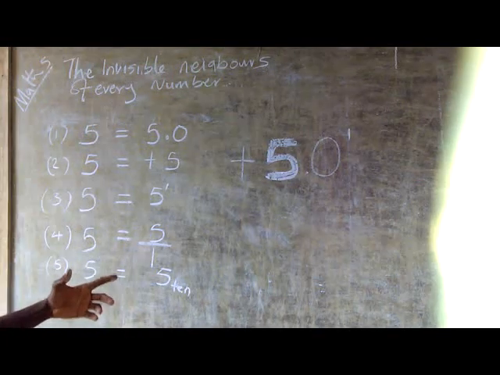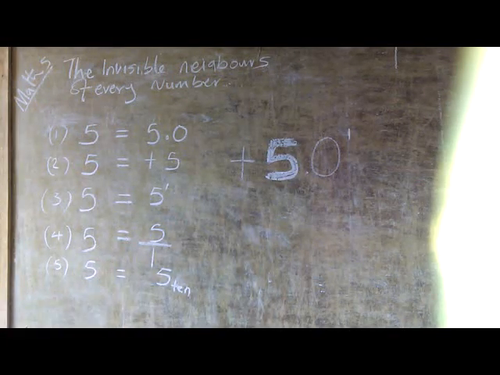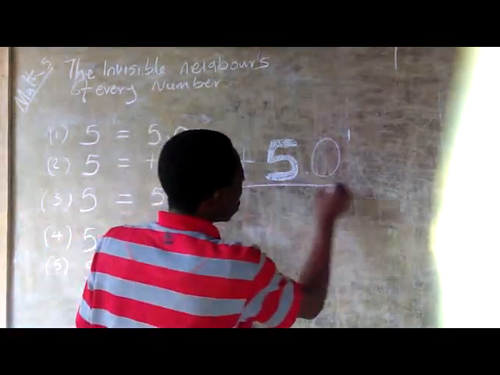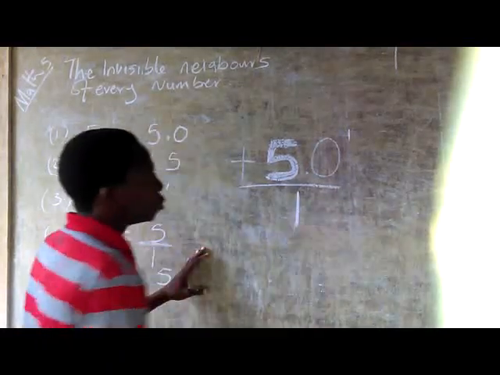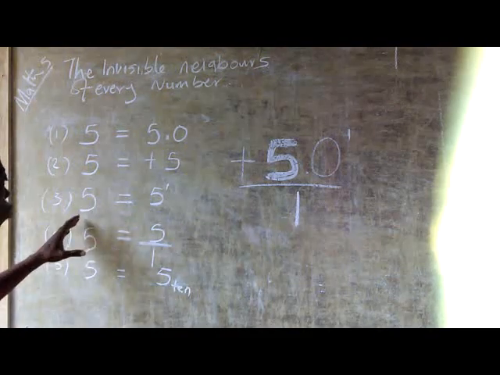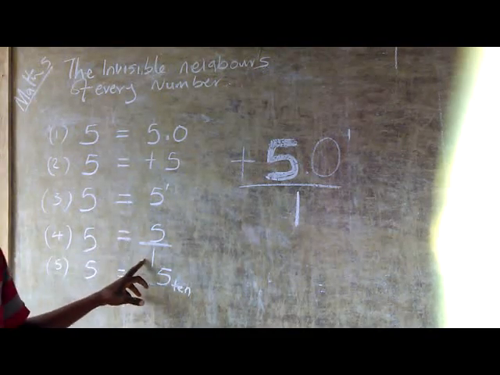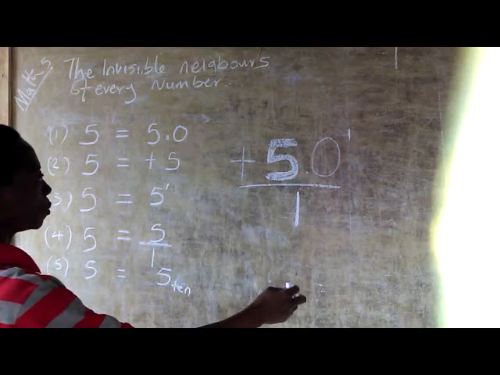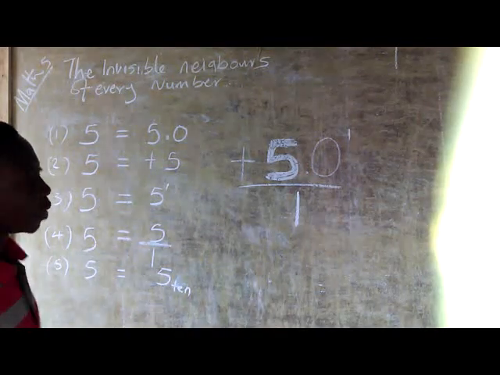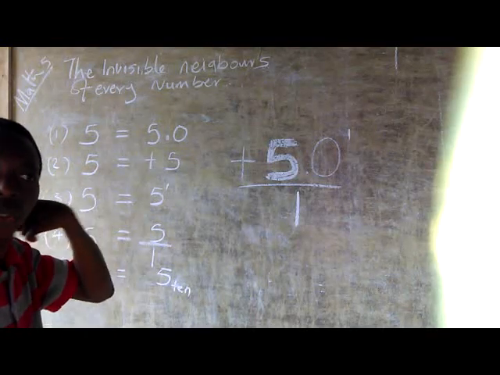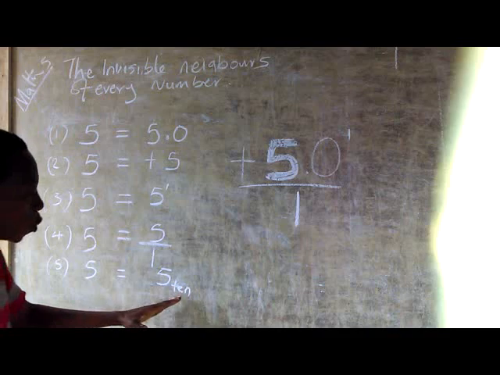The next one, every number has a denominator. The denominator has to be revealed if it is not 1. If it is 1, you can make it invisible. So 5 is actually 5 over 1. Now, the next one is the base. The base of a number also can be invisible only if it is 10.